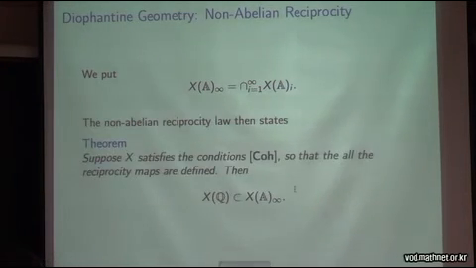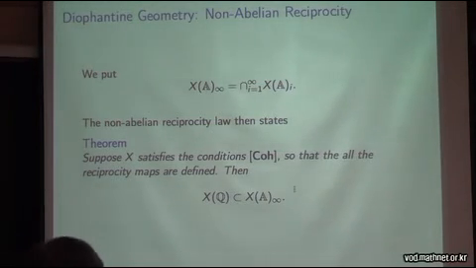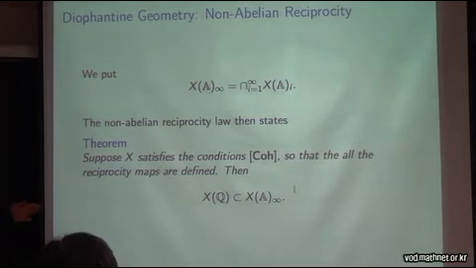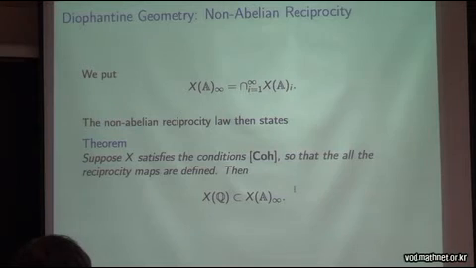Then the theorem is that in fact the global points lie inside all the kernels. This is the non-abelian reciprocity law. Subject to the conditions on cohomology that I've omitted, what you get is the following non-abelian reciprocity law: the global points are killed by all of these reciprocity maps.